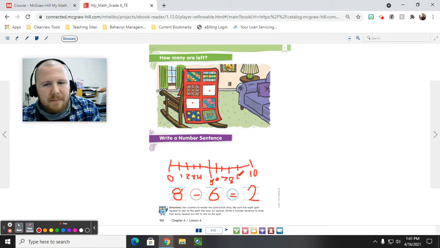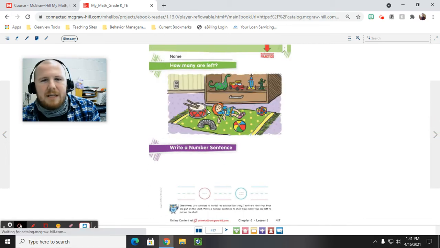I could do it this way, where I start at 8, and then how many do I need to go back? 6. So 1, 2, 3, 4, 5, 6. I hopped 6 times. What number did I land on? 2. You see how that works? It's pretty awesome, right? All right, let's clear all that and we'll go to the next page.